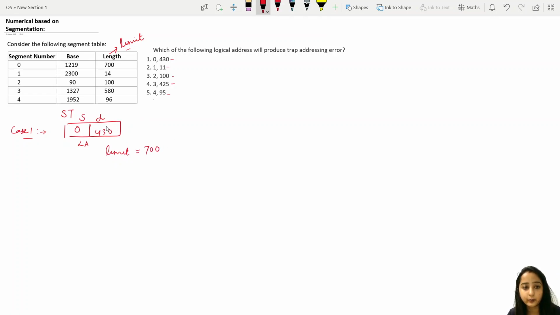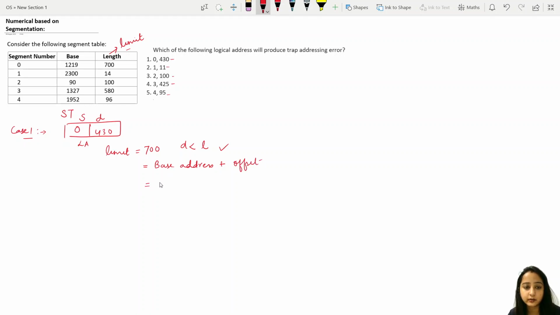So I will compare with the offset, that is D. My D should be less than the limit. Yes, it is less than the limit. Then what I will do? I will simply add the base address with the offset.